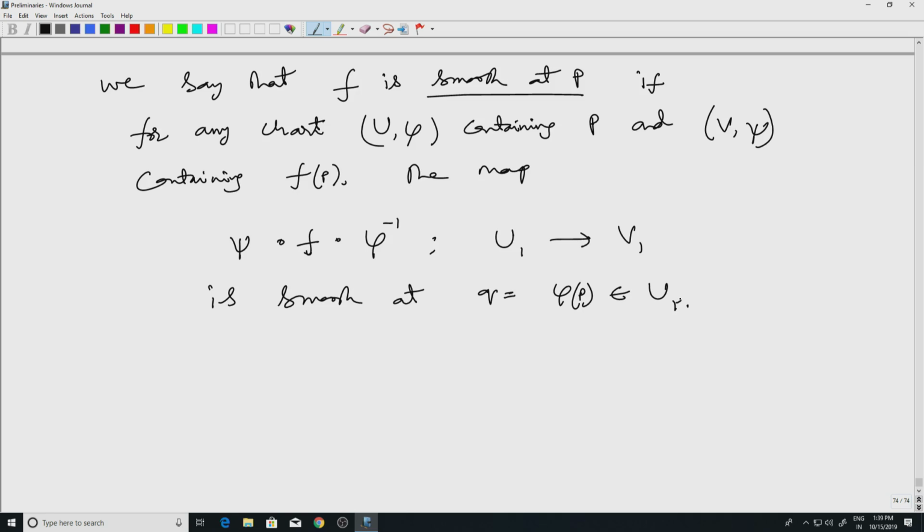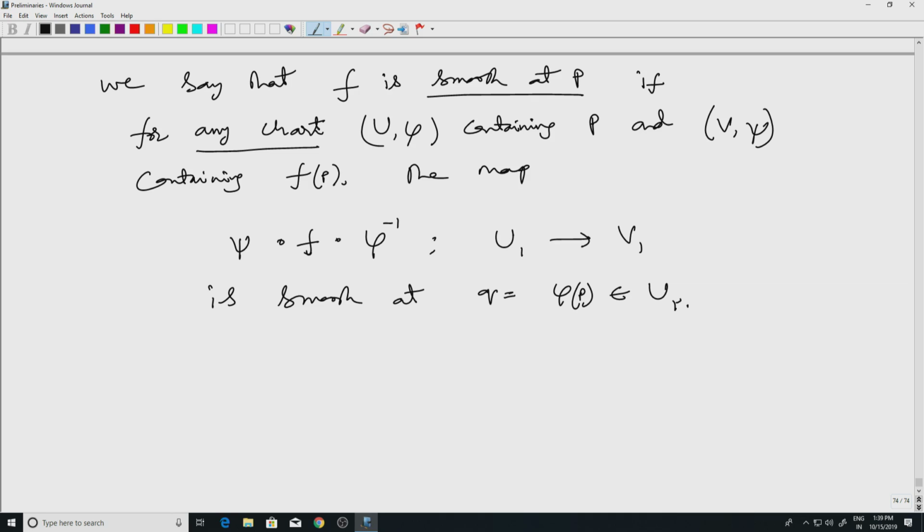Now the main point is, this business of, here I wrote, for any chart containing P and any chart containing f of P, something should happen.